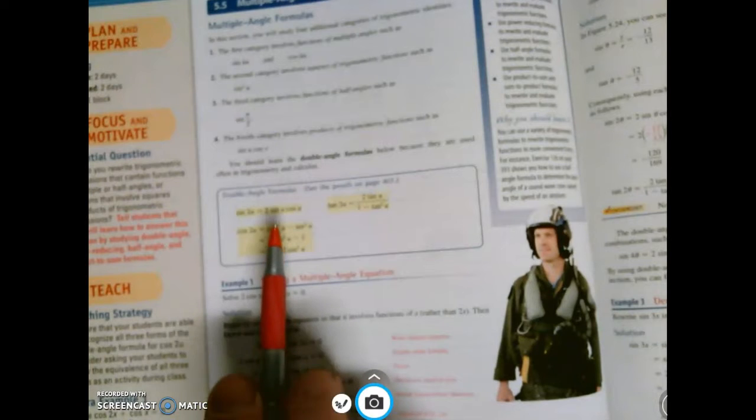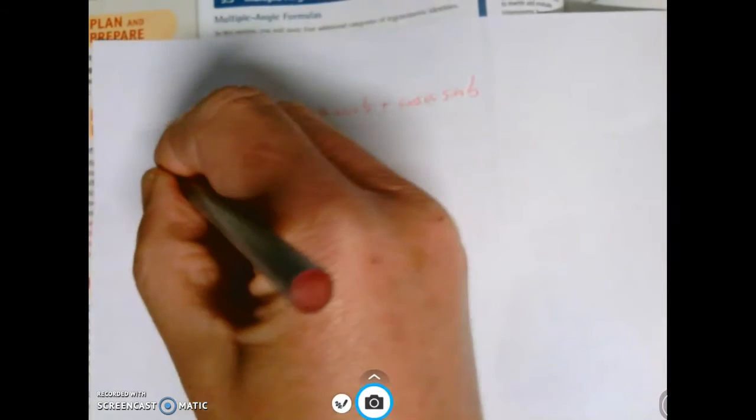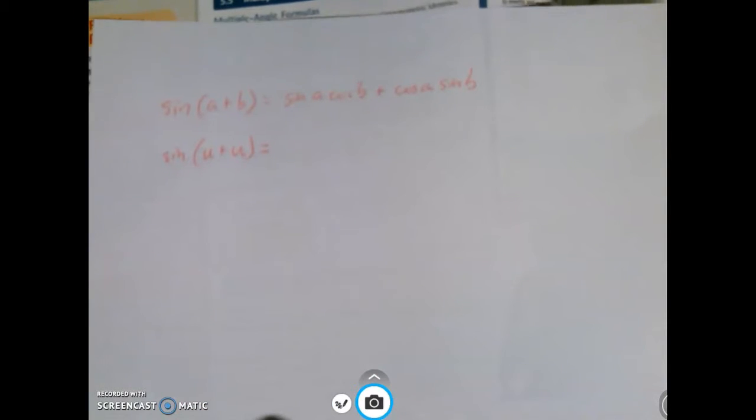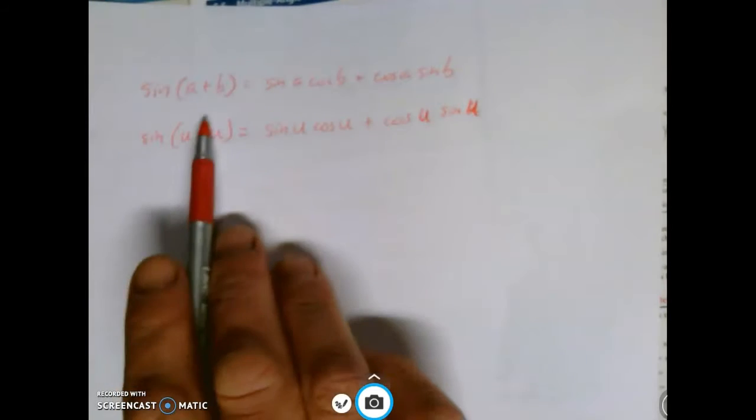What we got here then is sine of 2u. Okay, so let's replace A and B with u. If we replace it with u, then this equation becomes this. Instead of A and B, we put u and u.